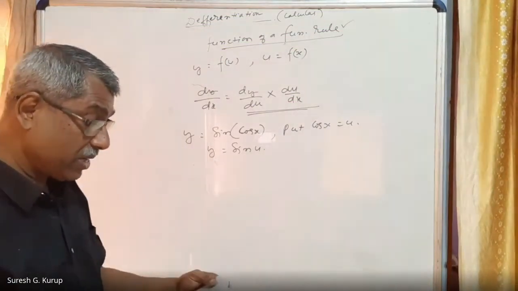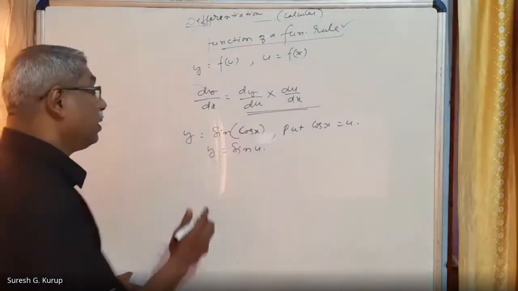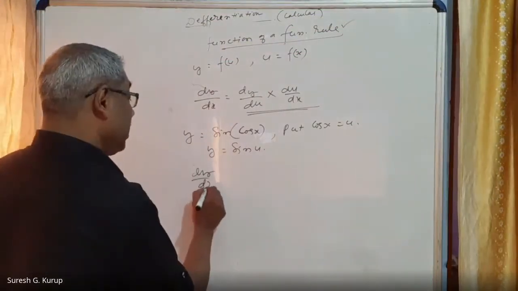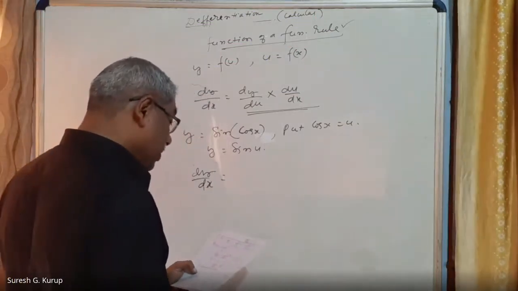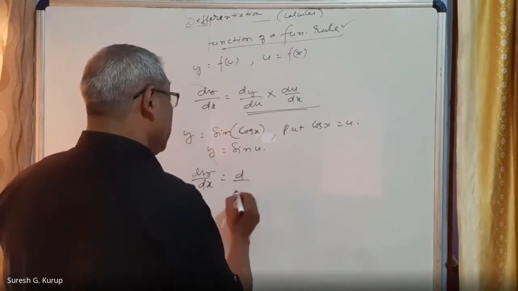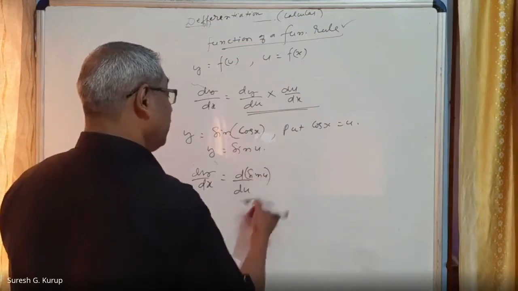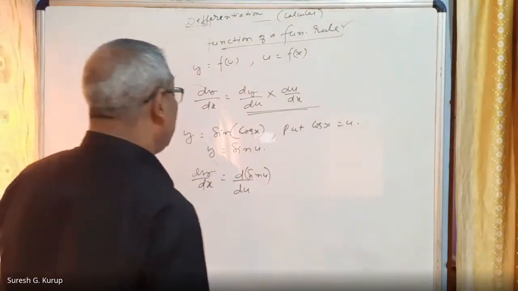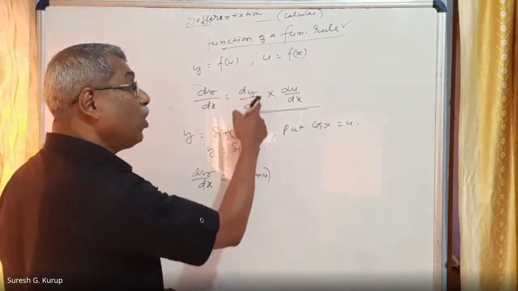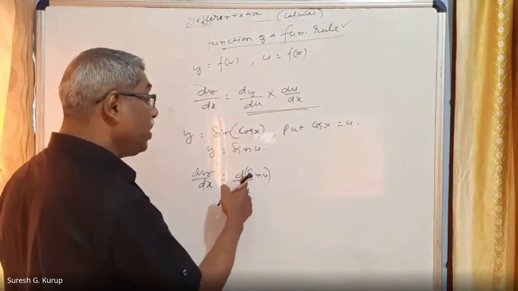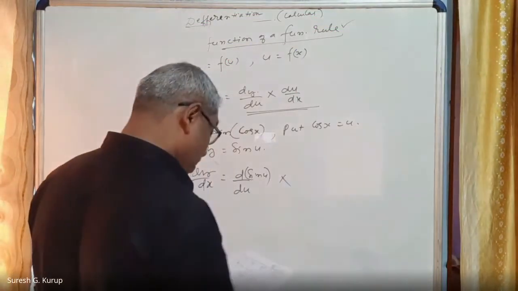It can be differentiated like this: dy by dx is equal to dy by du into du by dx, where y is equal to sine u.